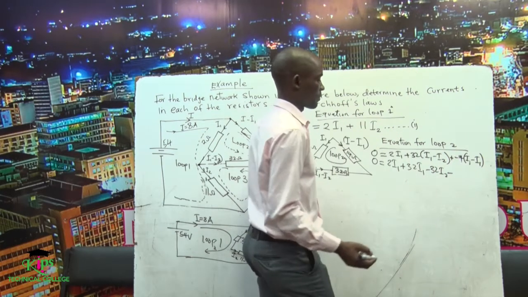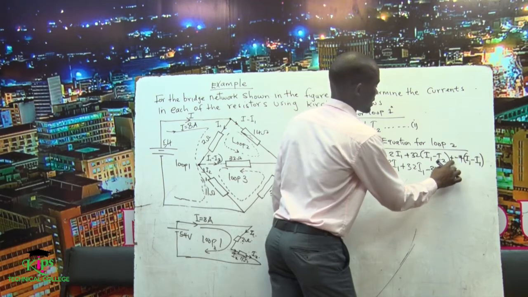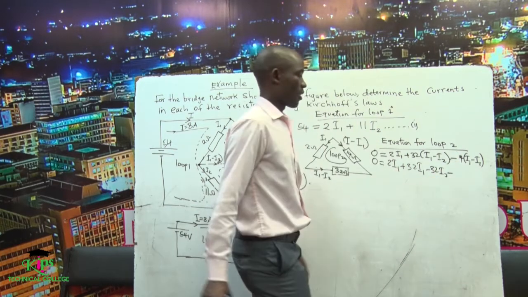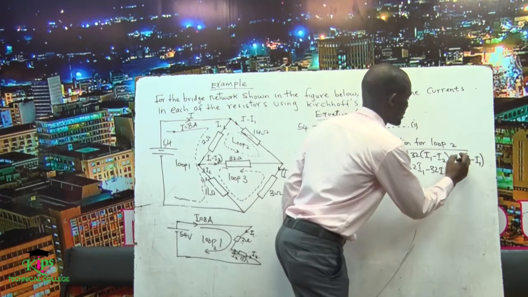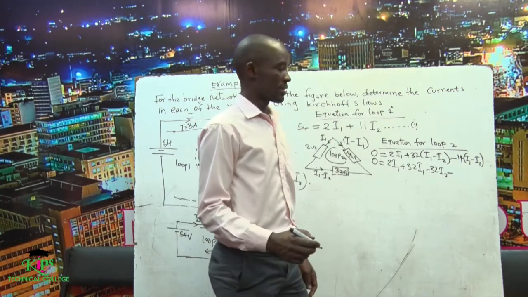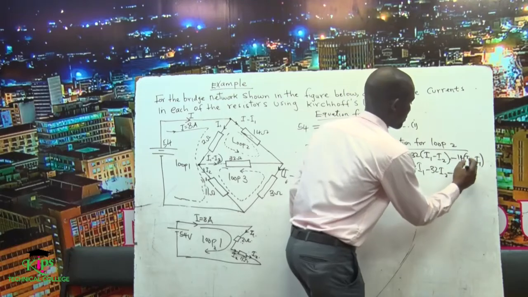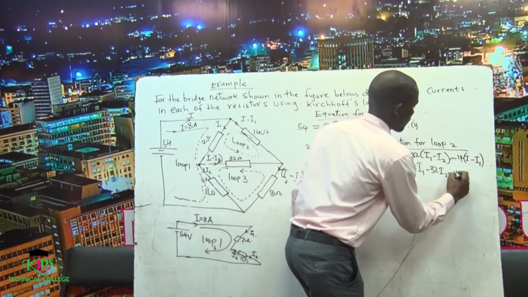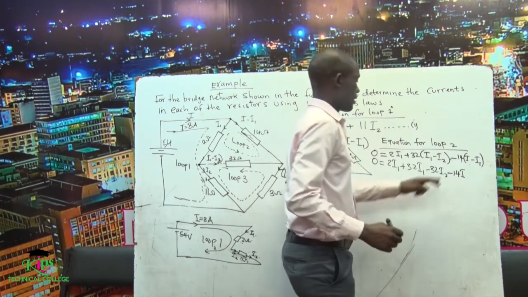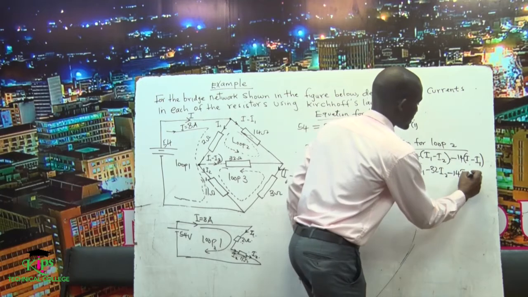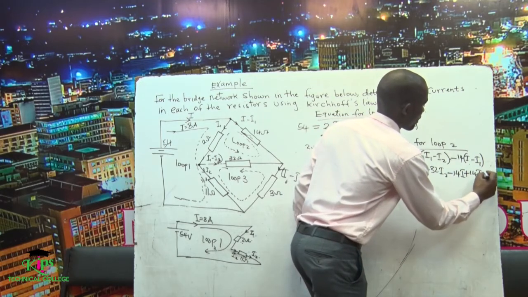It is the same. And a plus times a minus, you will get a minus. I'm doing that to make our work easier as we open the bracket. So 14 times this, you will get minus 14I, minus minus, you get plus 14I1.